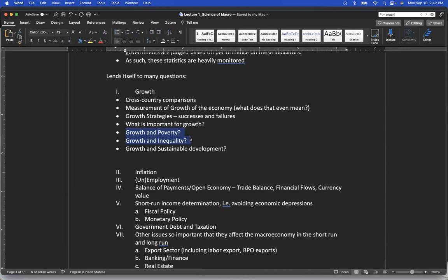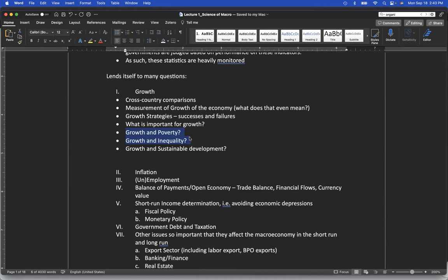Is inequality necessary for growth to happen? So do you need to have like this mass, this is perhaps a caricature of that literature, but they're saying we need to have this mass labor force, wages are low, hungry for work, and they're all interested in getting these manufacturing jobs where mababa yung income, but they're able to, businesses are able to basically hire them and to go up the value chain, etc., etc. So inequality is necessary.